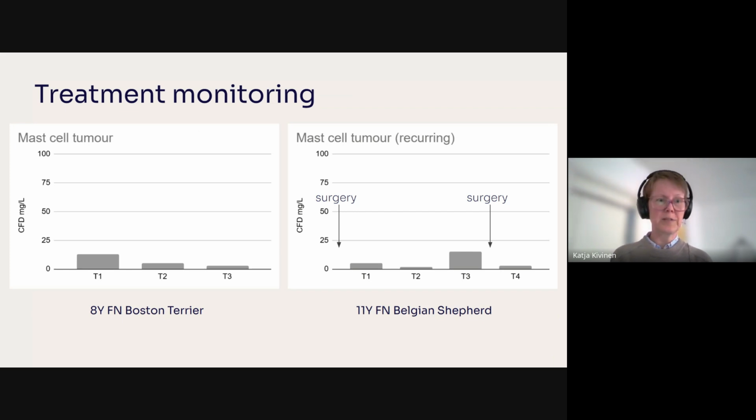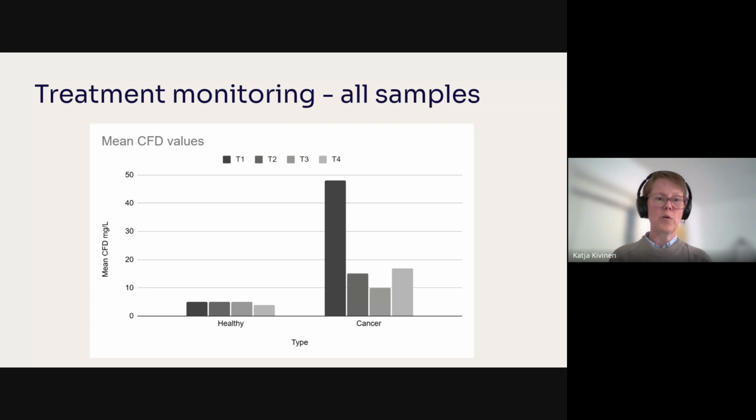So this looks promising. If we look at all the samples, we have also looked at healthy dogs. I will next talk more about those. With healthy dogs, if you look at the cell-free DNA values, as long as we control for pre-analytical factors, so how the samples are taken, how they are handled, how they are transported, how to extract the cell-free DNA, and so forth, the values are very stable.